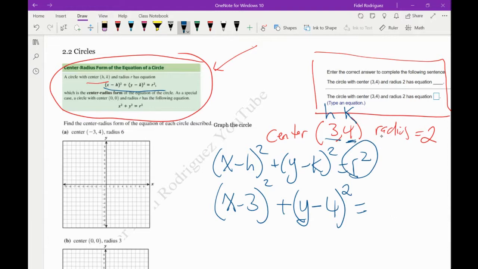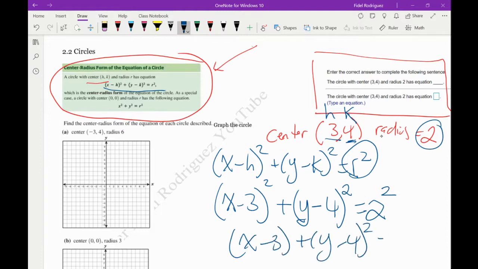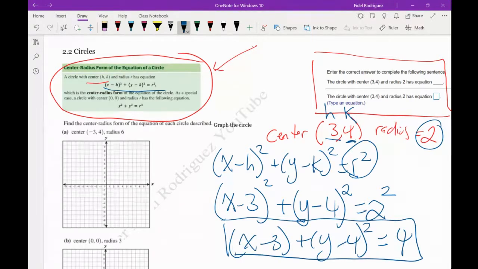We don't just have the radius, we have the radius squared. So I'm going to come back over here and put 2 squared. And then the only thing I'm going to do now, y'all, is square that number 2. And 2 squared is 4, right? So this is problem number 1. At least this is my problem number 1. Yes, sir.